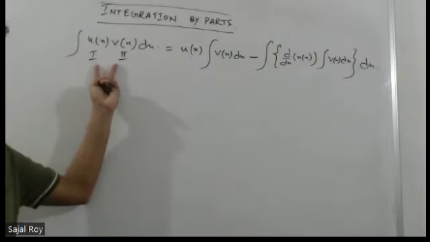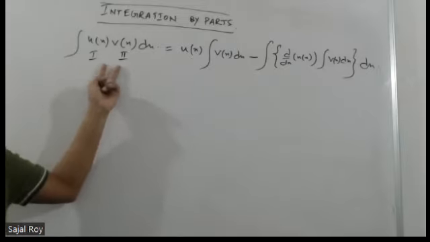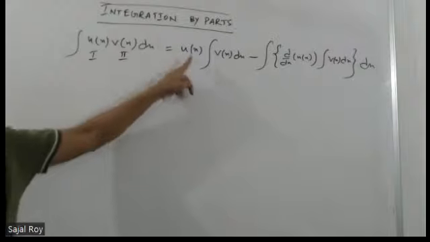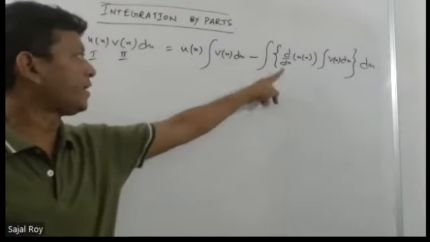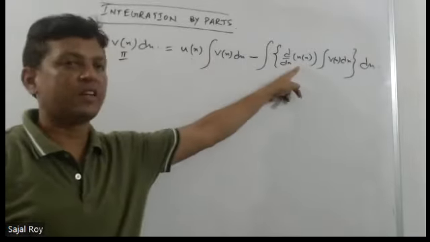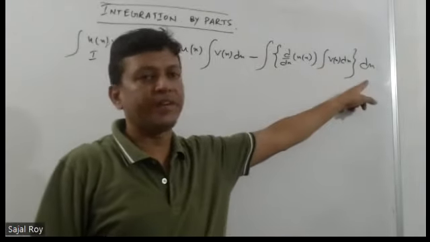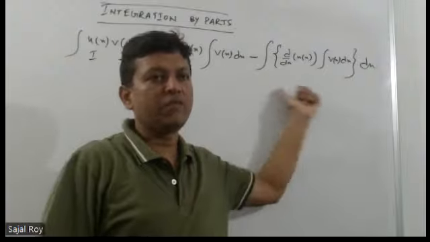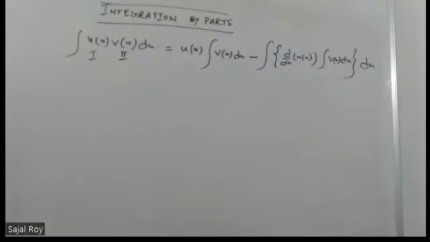If you have two functions, you keep one as the first function and the other as the second, but there is a rule for doing that, which I will let you know. So the first function is fixed, times the integration of the second, minus the derivative of whichever function is fixed, times the same integration you did here, and on the result you have to integrate lastly. That will give you the result for integration by parts, plus some constant.